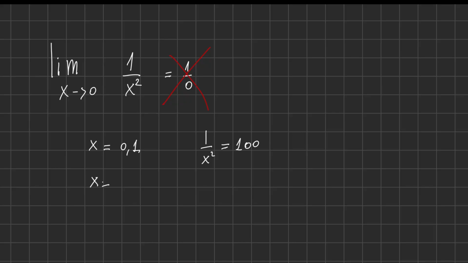Then we can pick x to be equal to 0.01, and then 1 over x squared will be equal to 1000. Finally, we can pick x to be equal to 0.001, and 1 over x squared then is gonna be equal to 1 million.